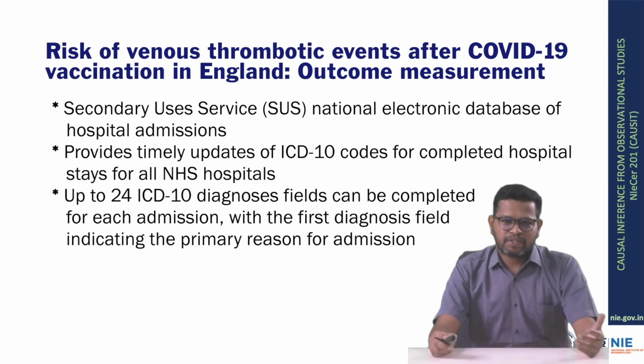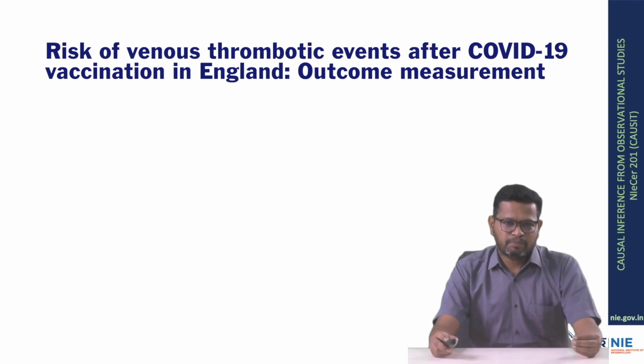Hospital inpatient admissions and their outcomes were captured in a national electronic database called Secondary Users Services, simply called SUS. This database keeps track of completed hospital stays in all NHS hospitals in England, and provides timely updates with ICD-10 codes. In this database, each admission can have up to 24 ICD-10 diagnosis fields, with the first field indicating the main reason for admission.